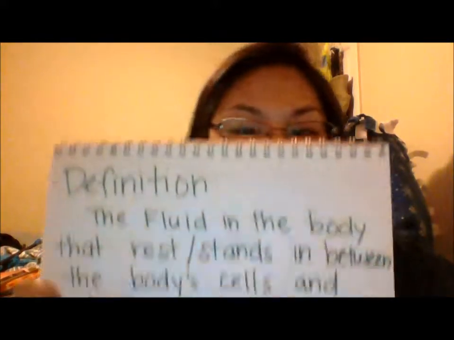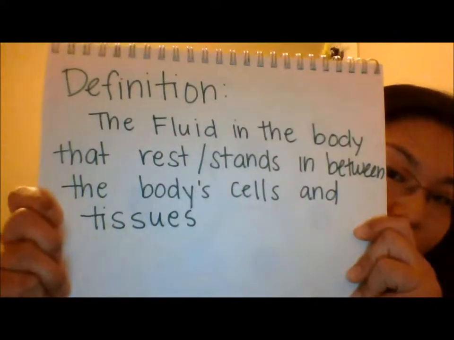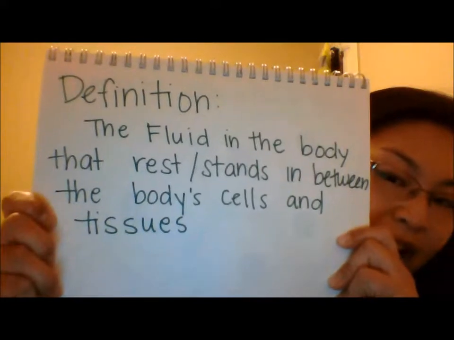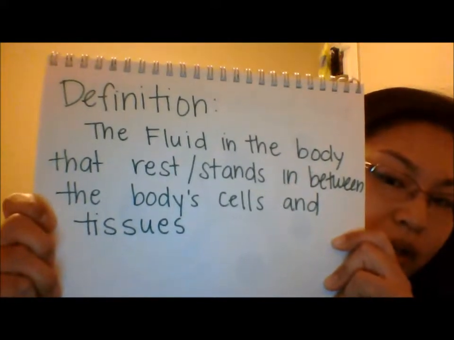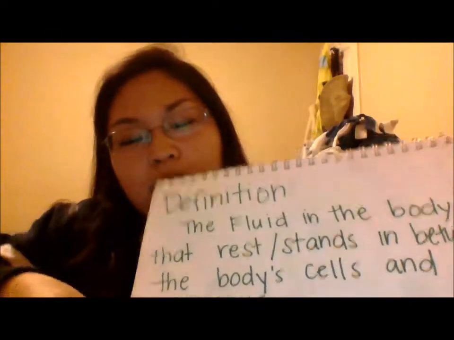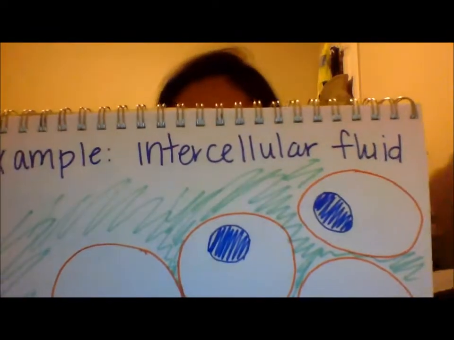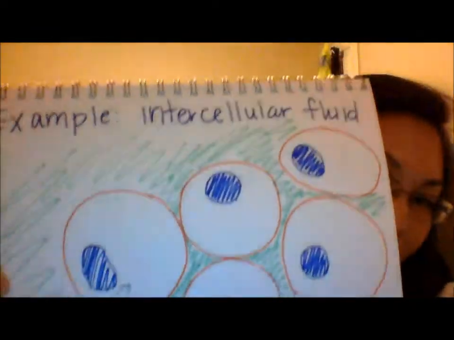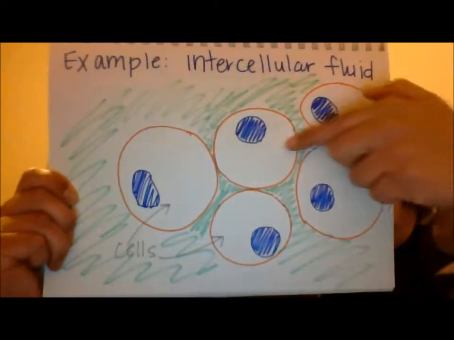So when we combine everything together to get the definition of what interstitial fluid is, we have a fluid in the body that rests or stands in between the body's cells and tissues. So an example, a little picture. An example of interstitial fluid is intracellular fluid. So right here we have all these cells.